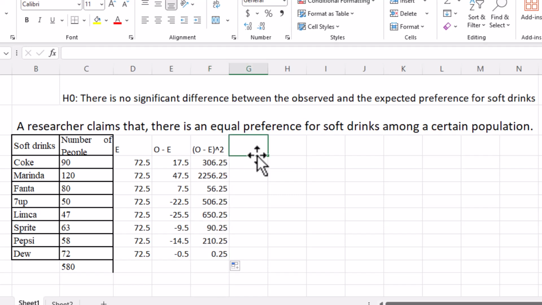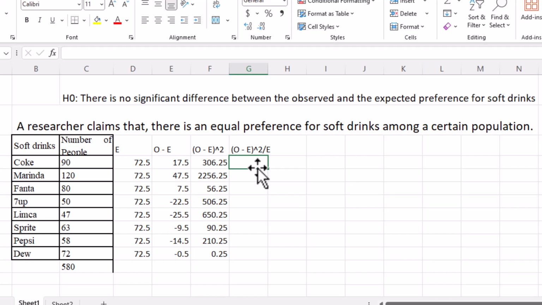The next thing is to divide this squared difference between the observed and the expected by the expected. So we'll have this raised to power 2 now divided by the expected. It means that these values will be divided by the expected values.